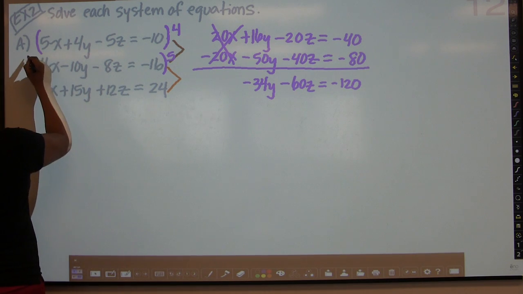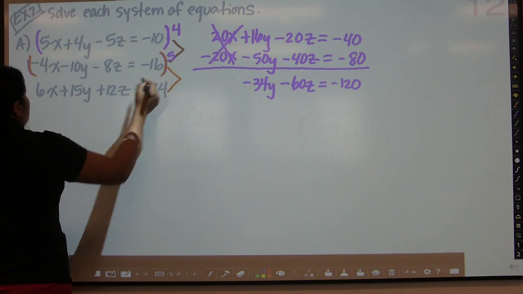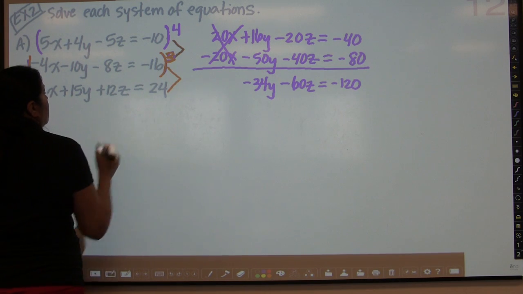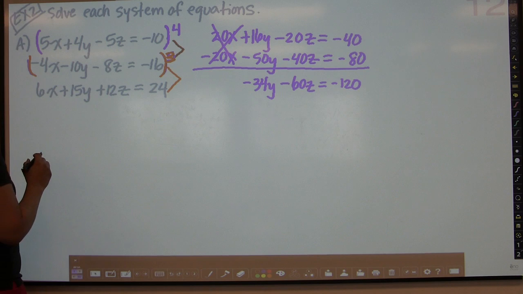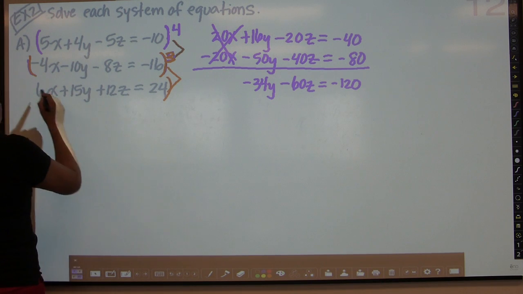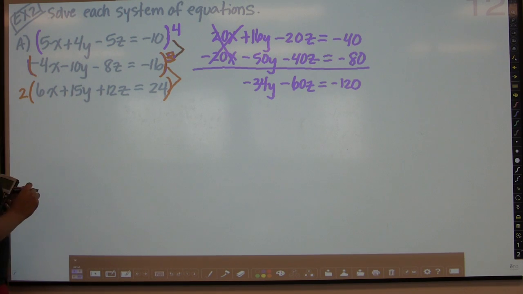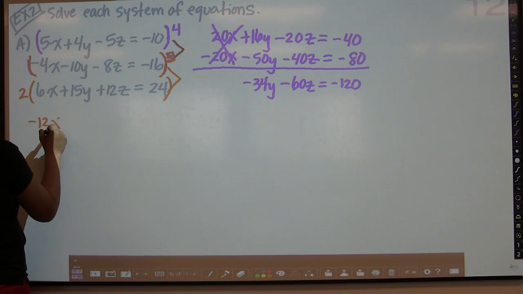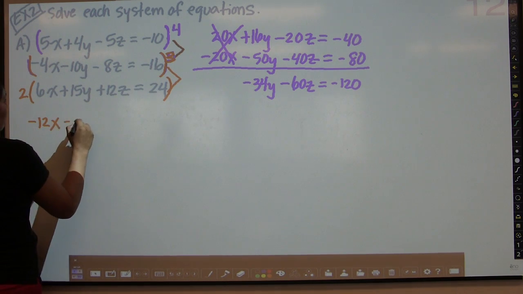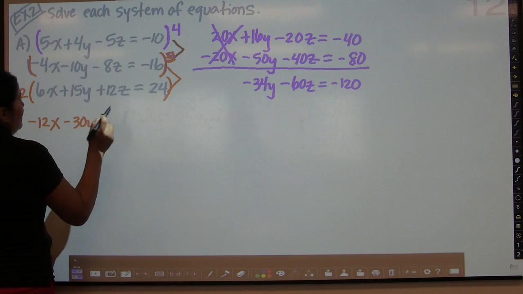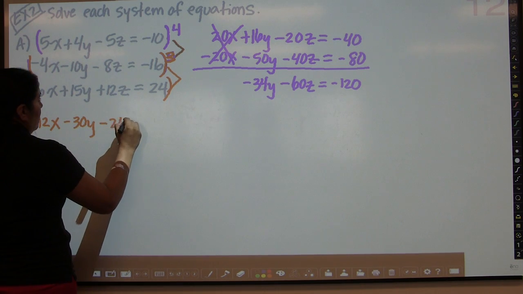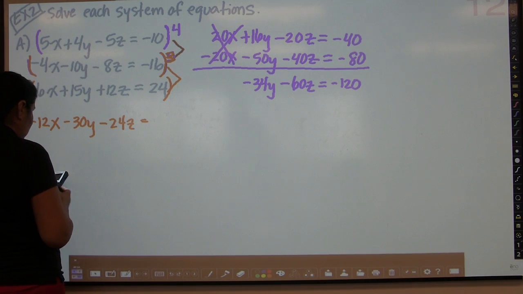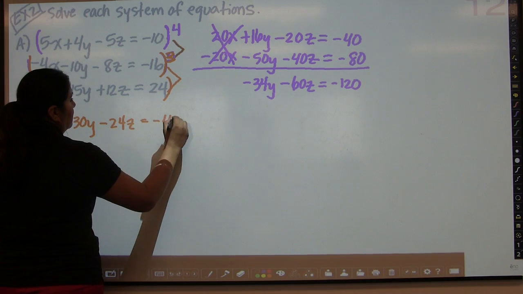So this time I'm going to multiply the second equation by a 3 to get a -12, and the bottom equation by a 2 to get a +12. So -4 times 3, -12x. 3 times -10, -30y. 3 times -8, -24z. And 16 times 3 is -48.